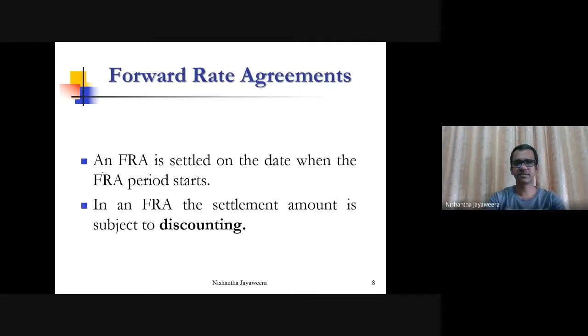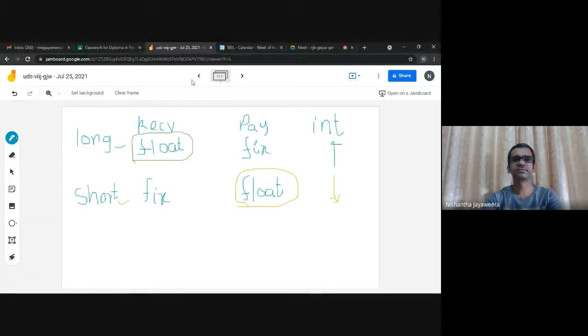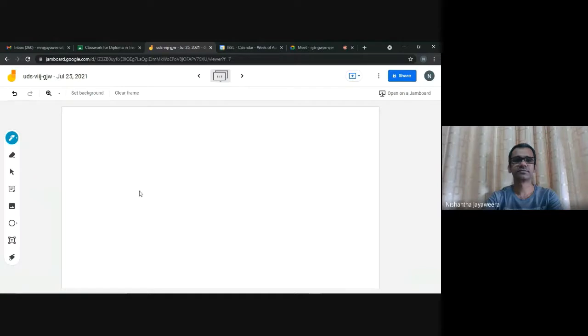So this is the thing I explained. The price settles on the date when the FRA period starts. What is this FRA period? This is 3, this is 9. Remember, we count time always with reference to or starting from today.